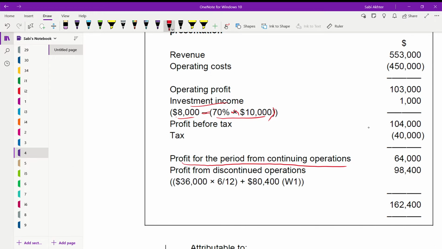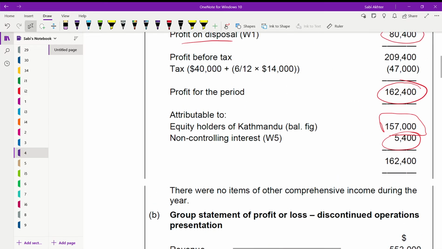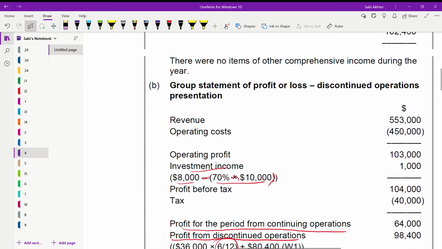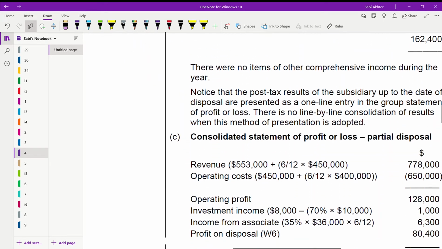Then you are moving towards profit from discontinued operation. This is the line that you are writing. And how are you going to find out? This 36,000, the profit from the subsidiary, you are taking all 6 months. You are adding 80,400 with it. What is this 80,400? It is working number 1.